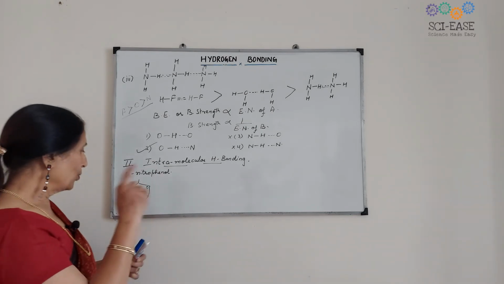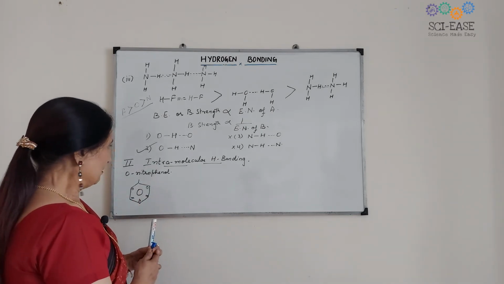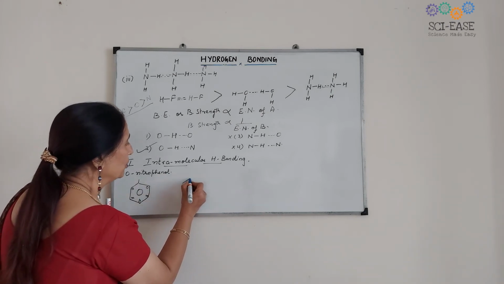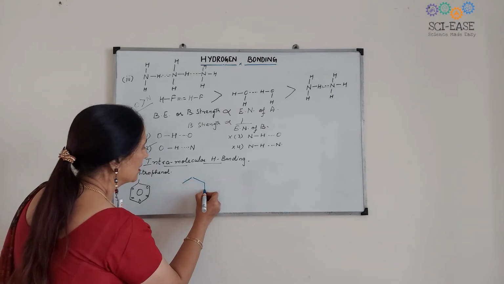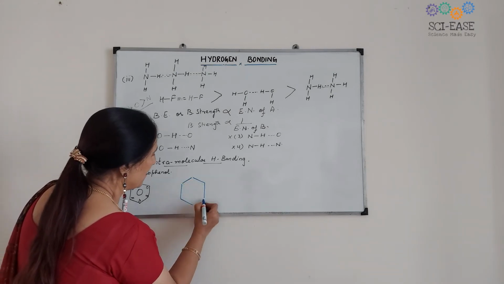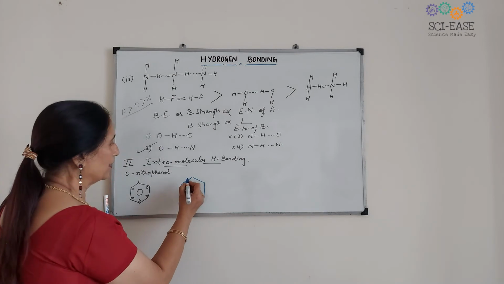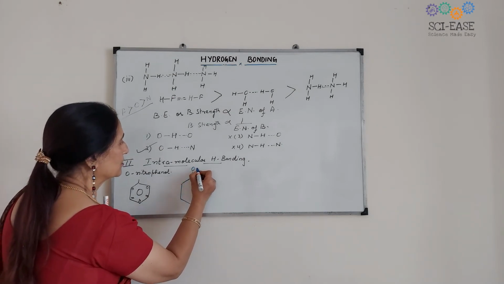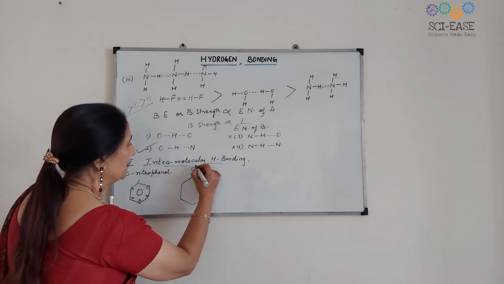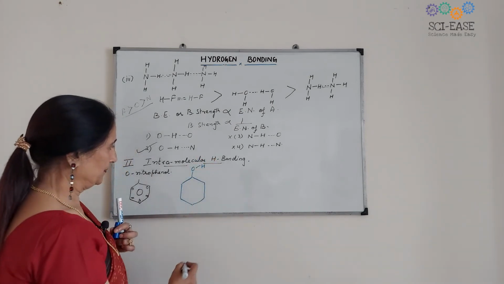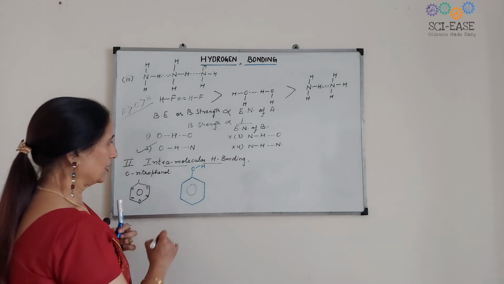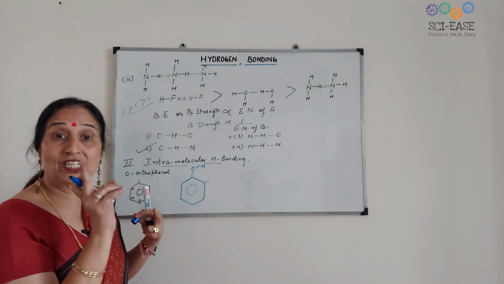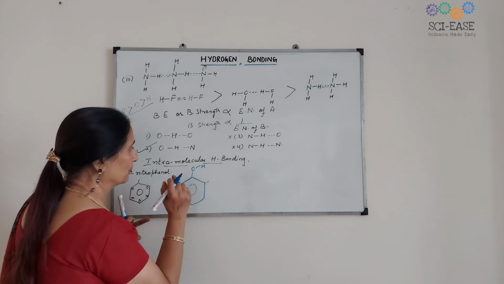Okay. So I will draw the structure of ortho-nitrophenol and I will tell you how this intramolecular hydrogen bonding is there. So I have taken this phenol. Suppose this is phenol. And here there is a nitro group attached at which position? Ortho position.